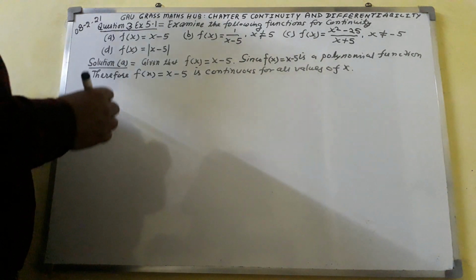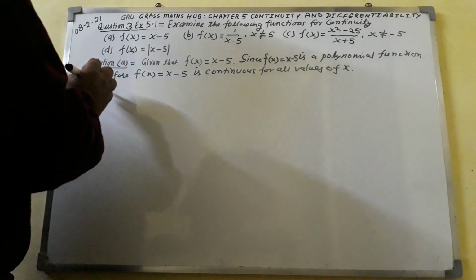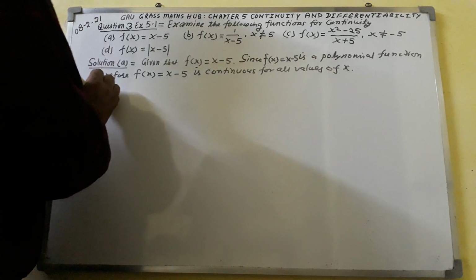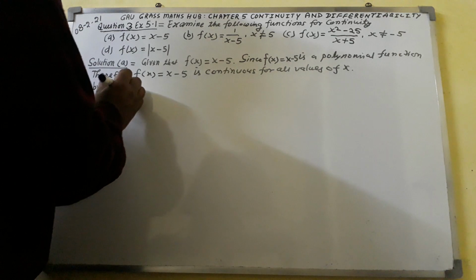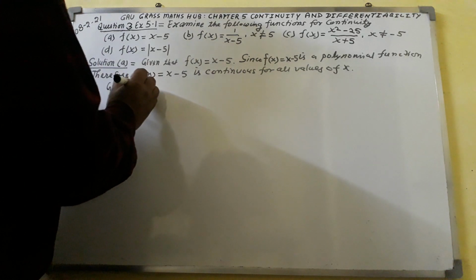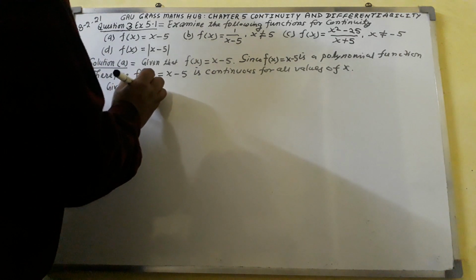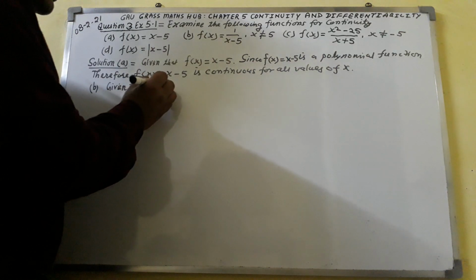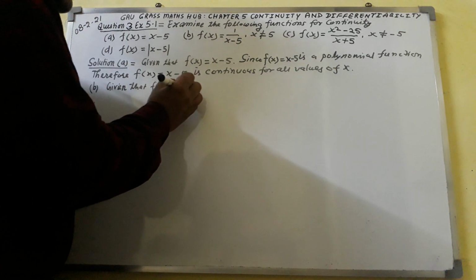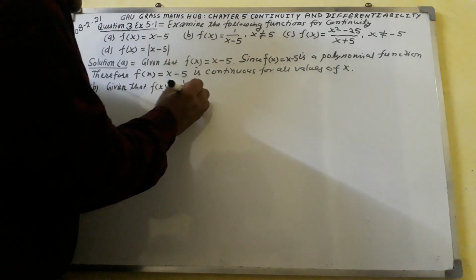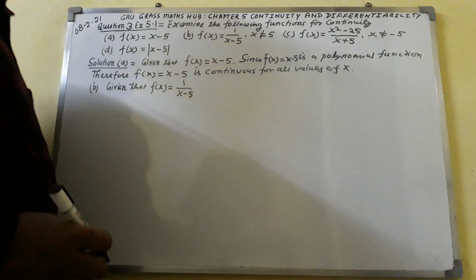Now come to point number B. Given that f of x equal to 1 over x minus 5.